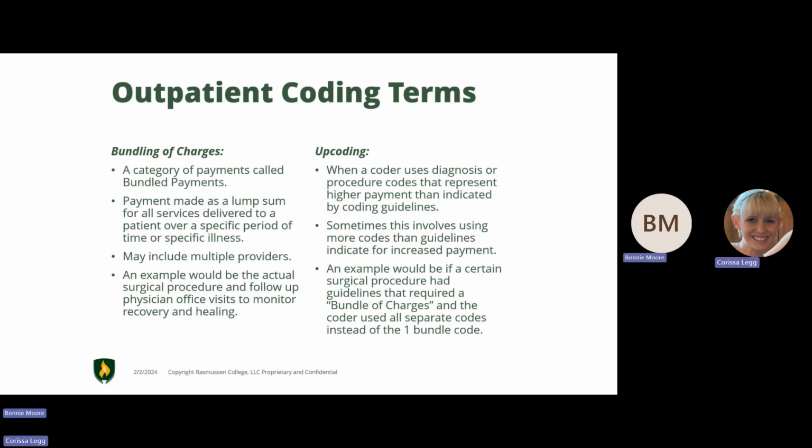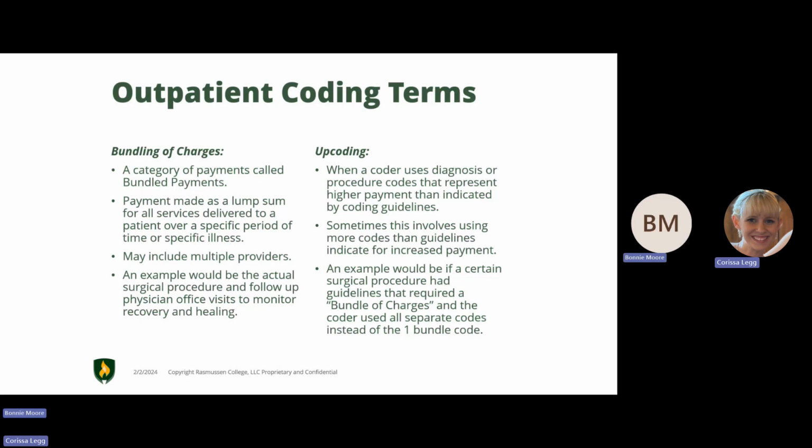Upcoding is when a coder uses diagnosis or procedure codes that represent higher payment than indicated by coding guidelines. And that is basically illegal. Sometimes a coder can do it on purpose, or they can do it accidentally if they're not familiar with certain guidelines.